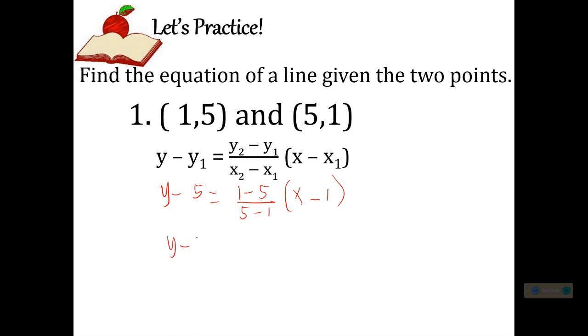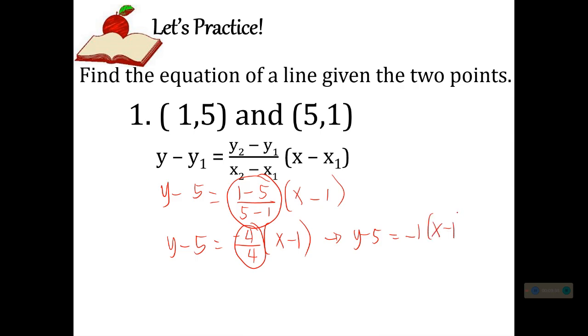Then y minus 5 equals, so you are going to simplify this. 1 minus 5 is negative 4 over 5 minus 1 is 4 times x minus 1. Then, you are going to simplify this again. So, you will obtain y minus 5 equals negative 4 divided by positive 4 is negative 1 times x minus 1.